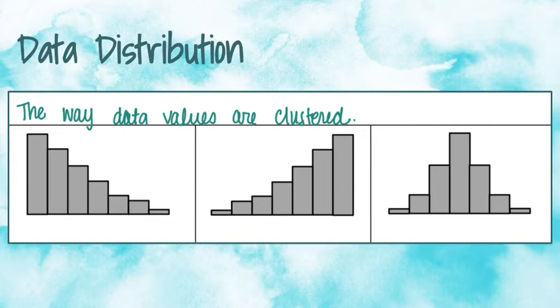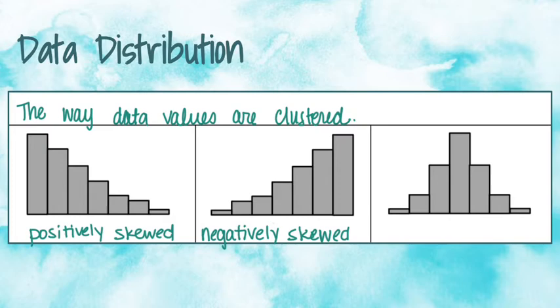So this first picture is an example of positively skewed data. The second one is a picture of negatively, well, if I could spell. There we go, negatively skewed data.